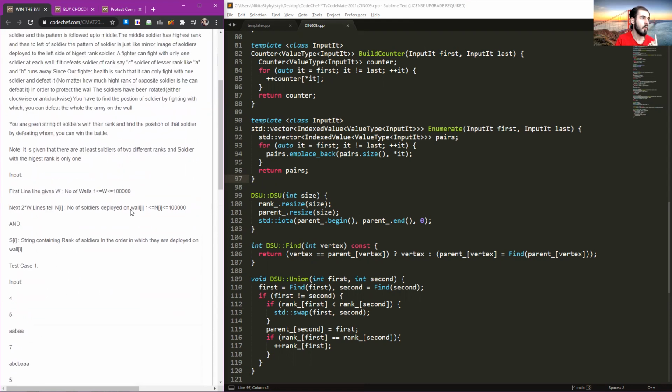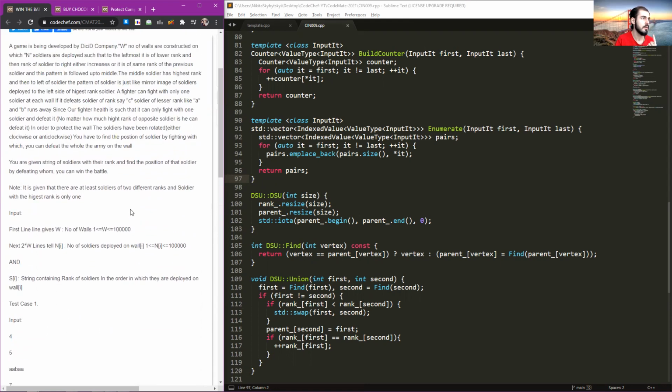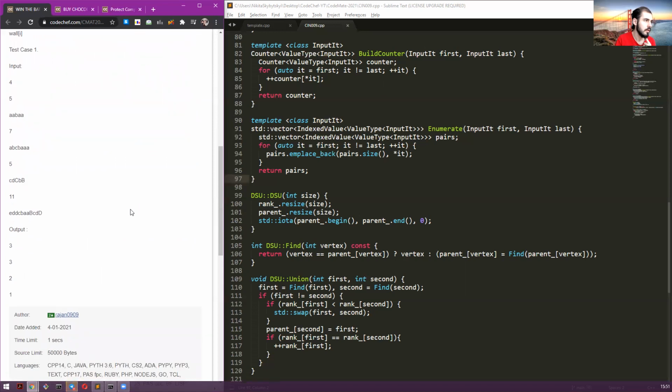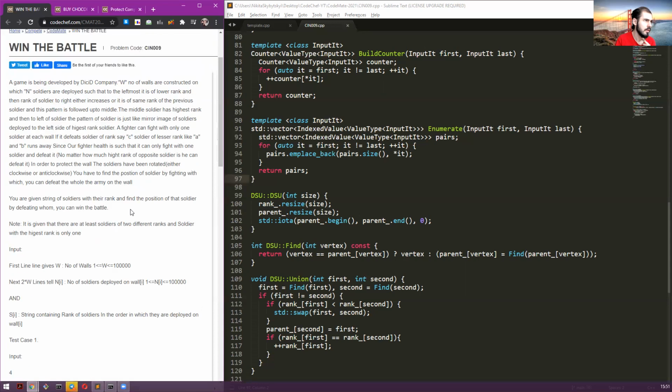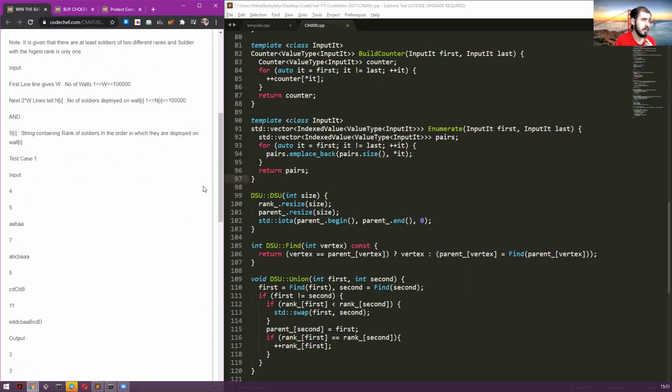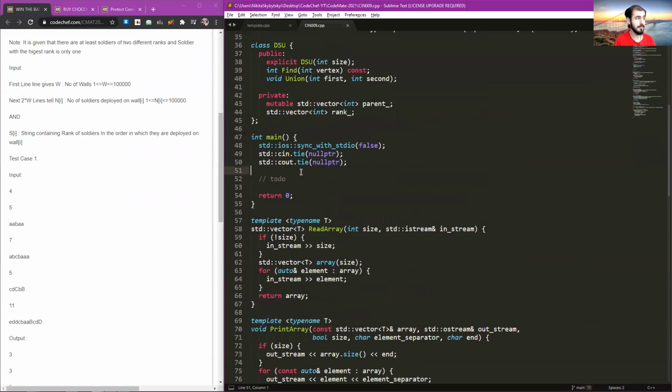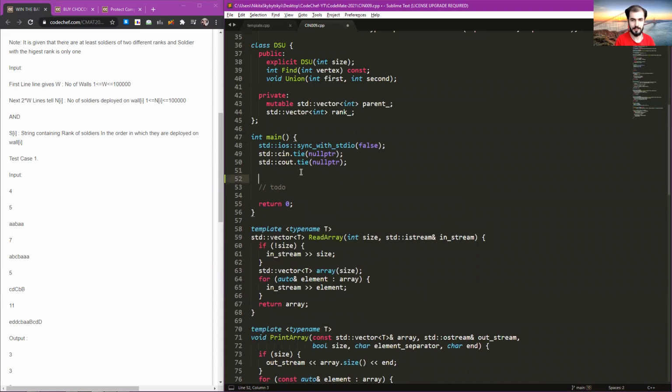So for each wall, okay, it's a very bad way to phrase your statements, but I think I got what they meant.